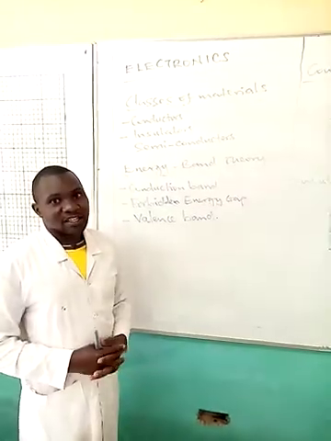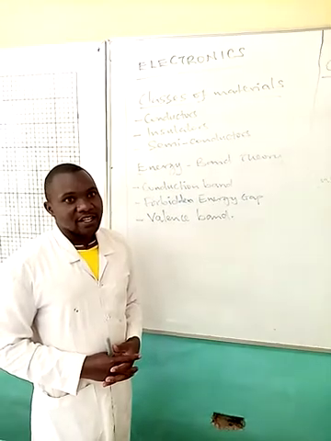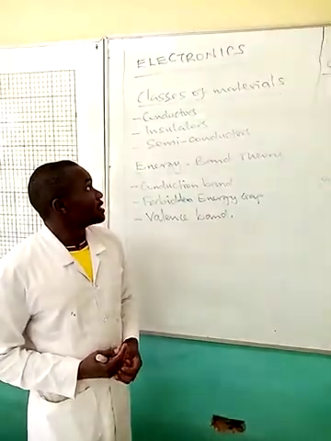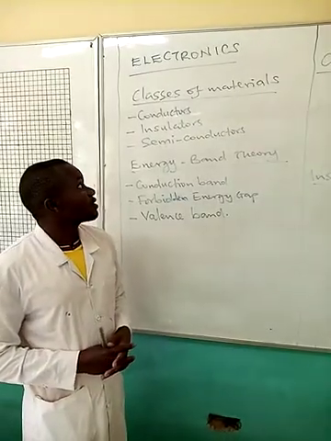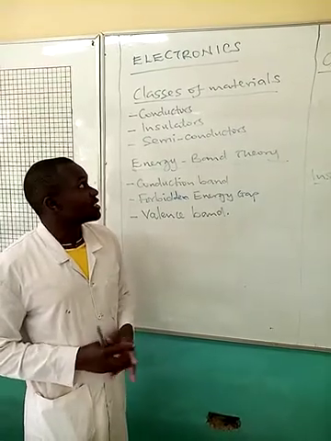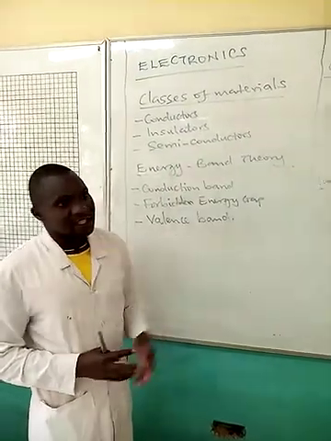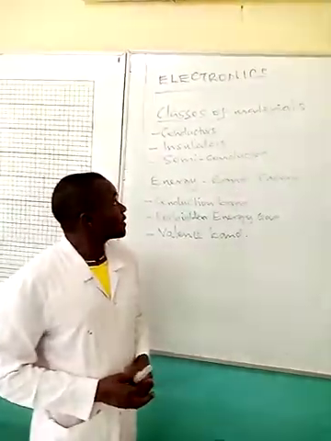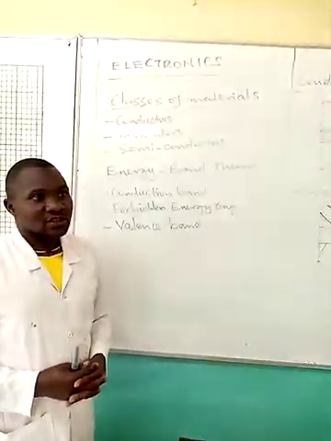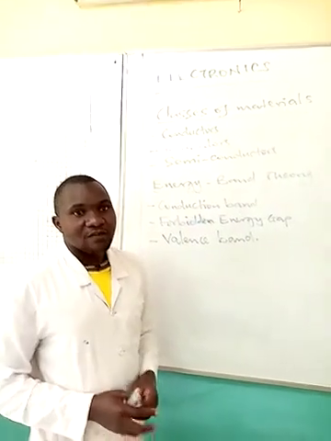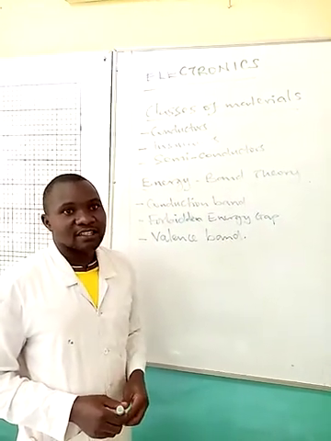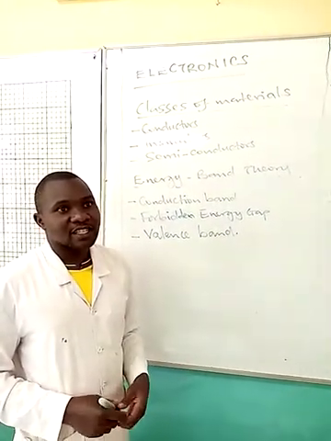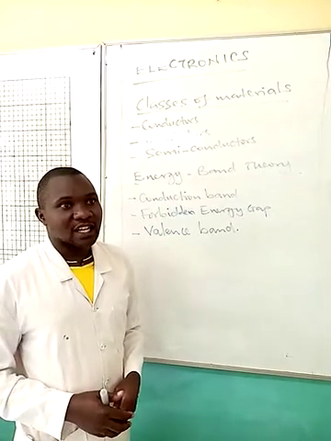Conductors basically are materials that are able to conduct, meaning they have free electrons that can flow freely within the material and conduct. Insulators are materials that cannot conduct electricity, and we'll see why. While semiconductors are materials whose electrical conductivity falls between conductors and insulators, meaning at one point they can be insulators, another point they are conductors.